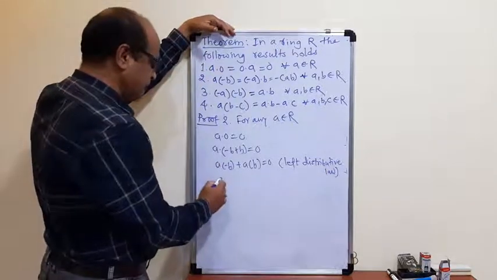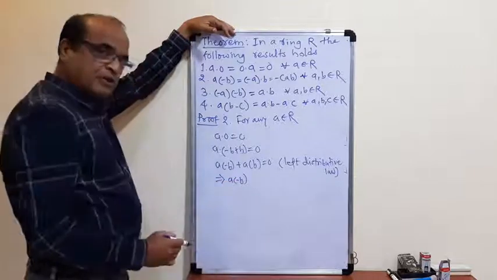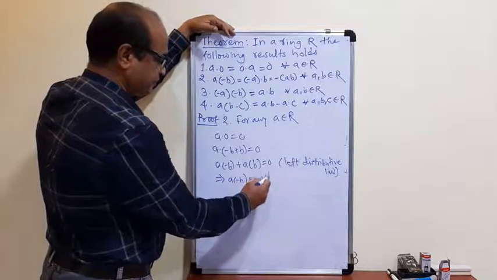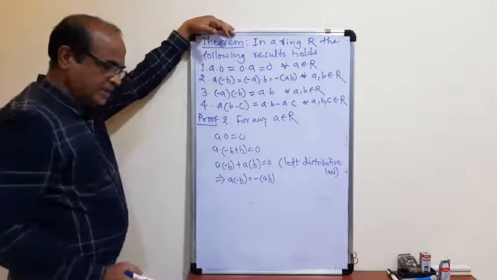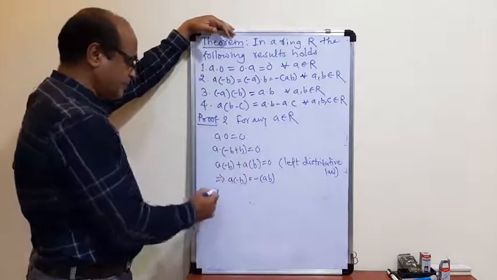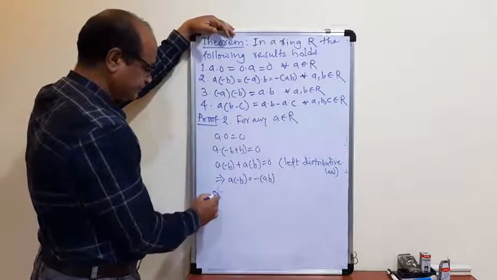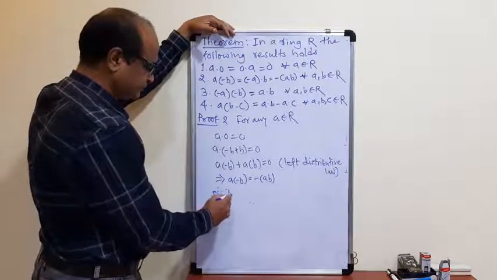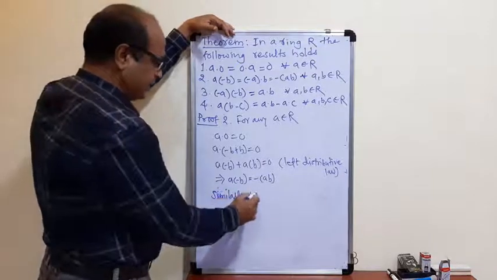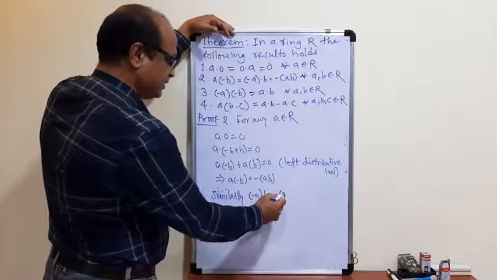So this implies that A into minus B is equal to minus AB. Similarly, we prove that minus A into B is equal to minus AB.